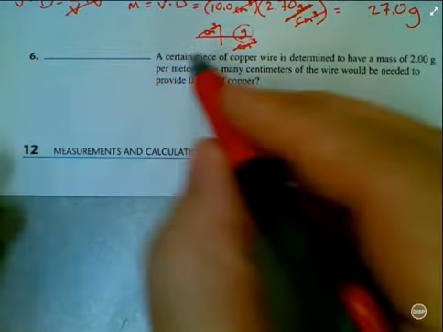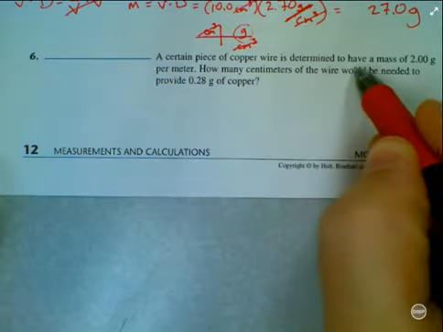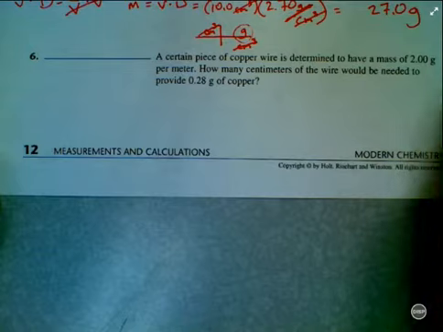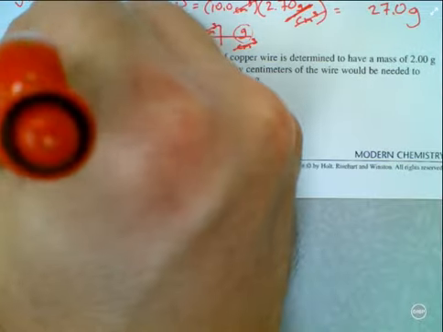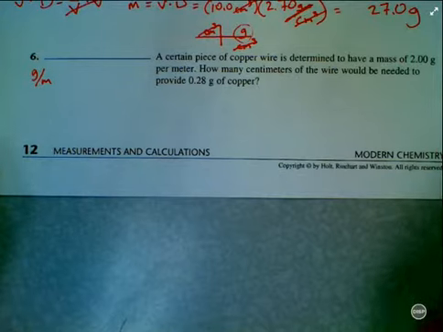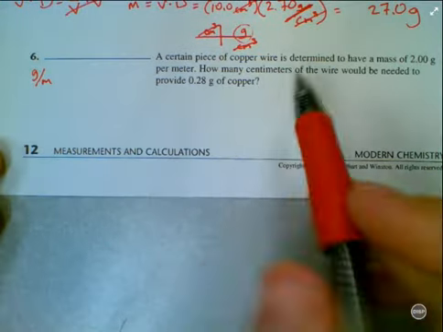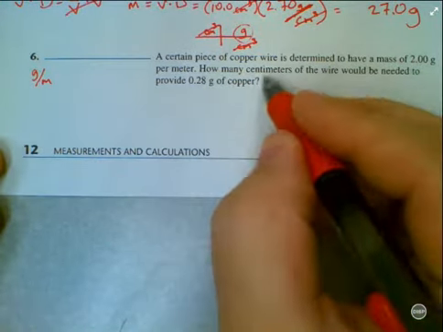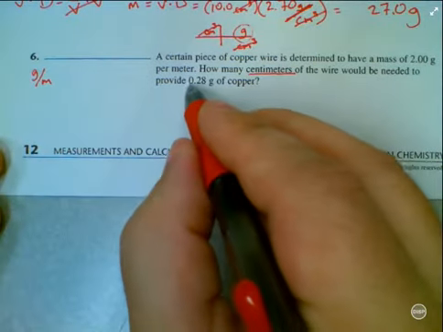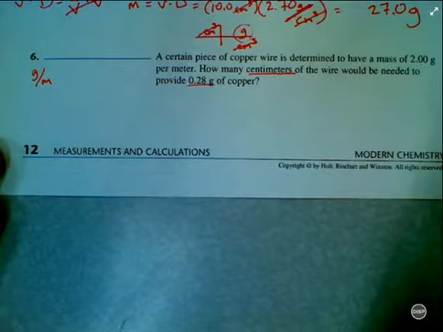So here we go. A certain piece of copper wire is determined to have a mass of 2.00 grams per meter. Again, that's not necessarily a unit we've heard of before, grams per meter, but hey, it's wire, so the unit makes sense. How many centimeters of wire would be needed to provide 0.28 grams of copper?